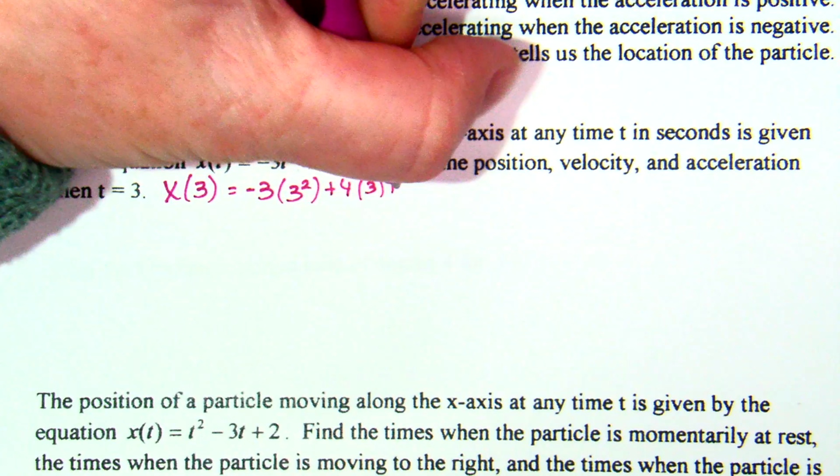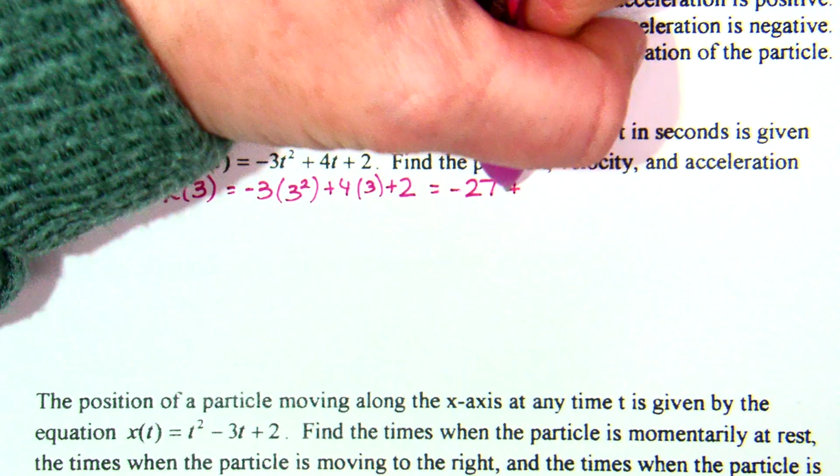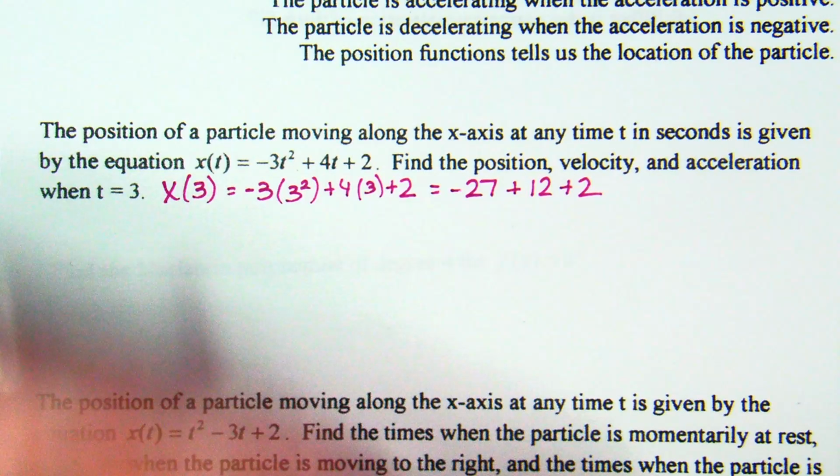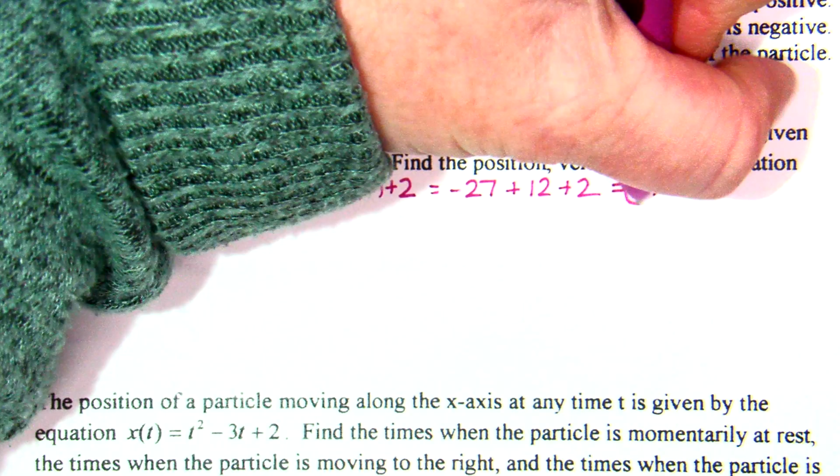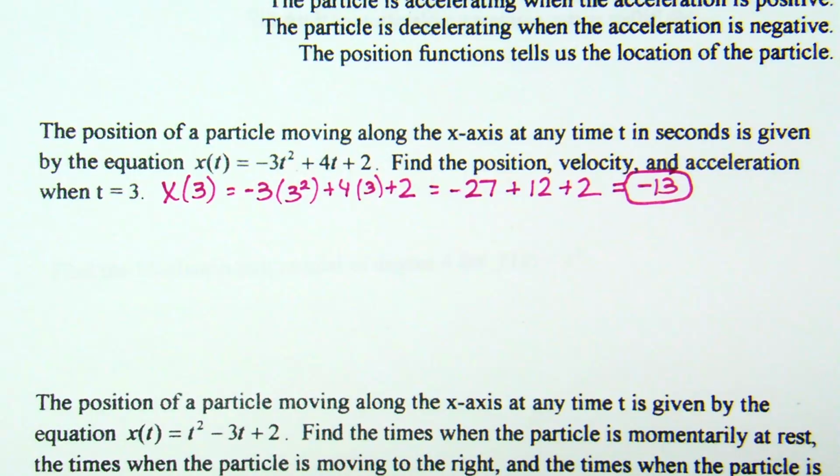Negative 3 times 3 squared is negative 27, plus 12, plus 2, which is negative 13. So what does a position of negative 13 mean? We're going to put it in words: 13 units to the left of 0, or the origin.